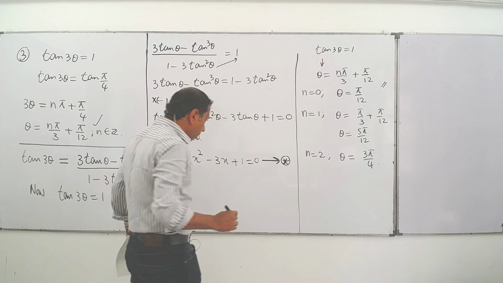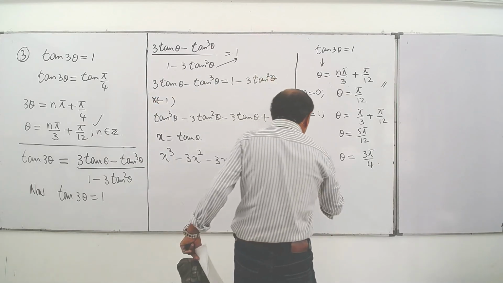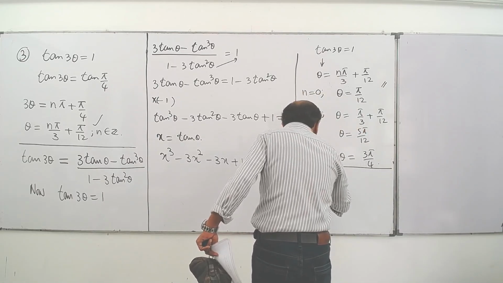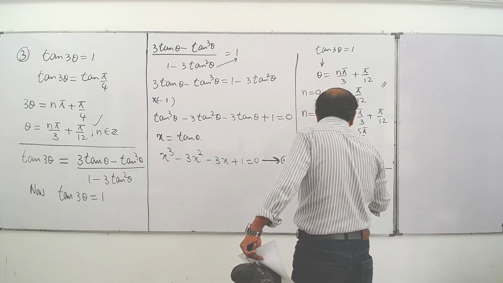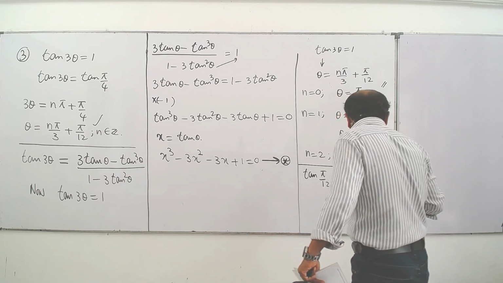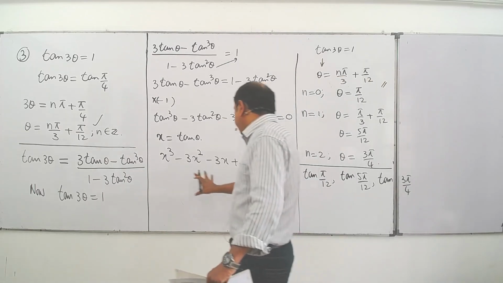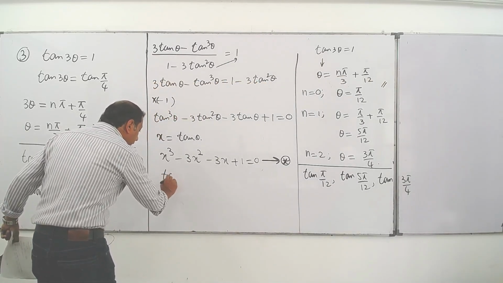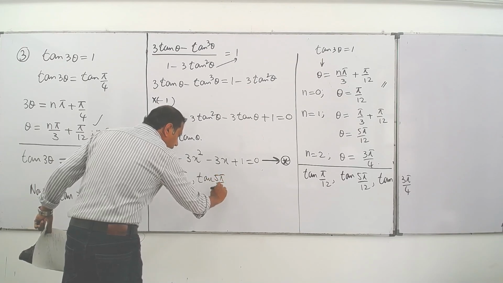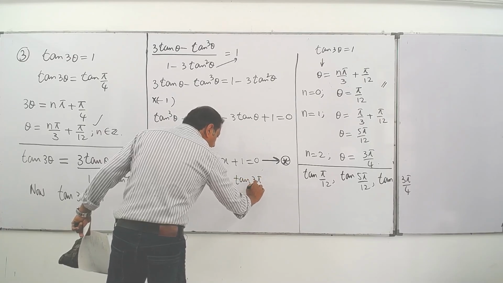Equation star has the three roots, tan pi by 12, tan 5 pi by 12, tan 3 pi by 4, right? This equation has the roots, those three tan values: tan pi by 12, tan 5 pi by 12, tan 3 pi by 4, right?